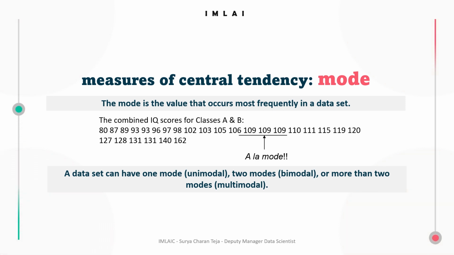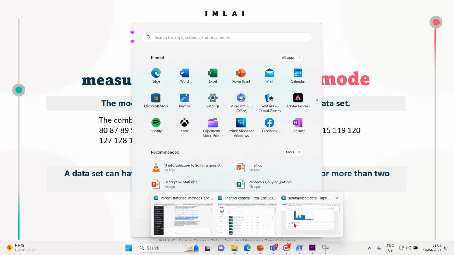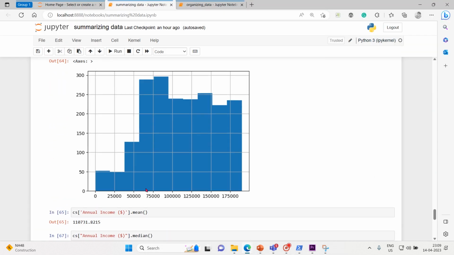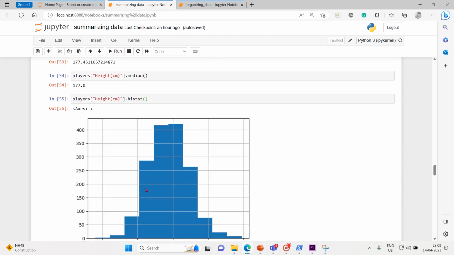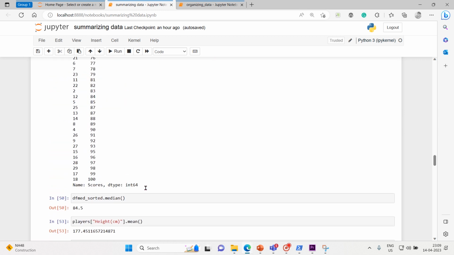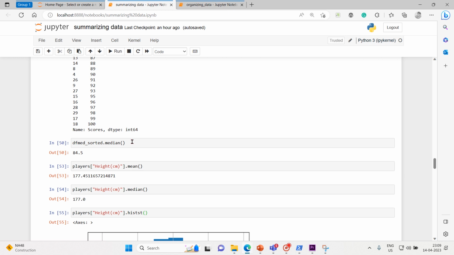Let's take a quick example of mode, and then we will look into the mode in detail. I'll take the same scores. Mean and median are done.